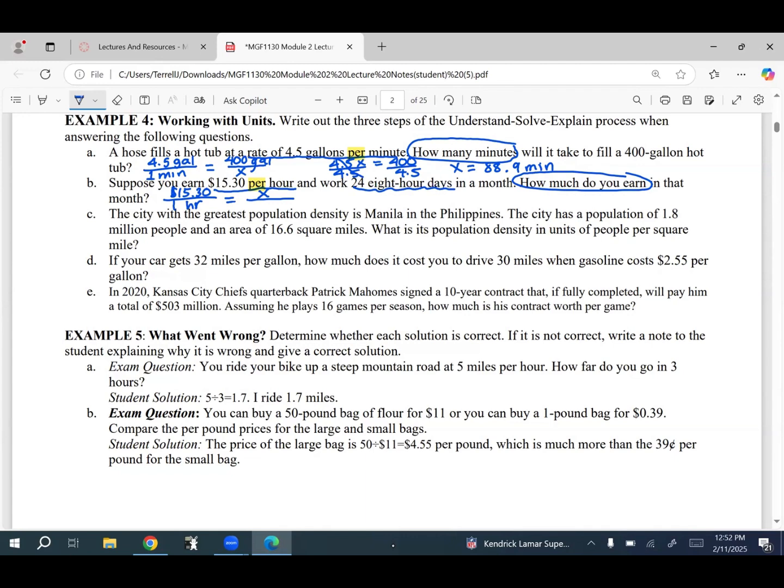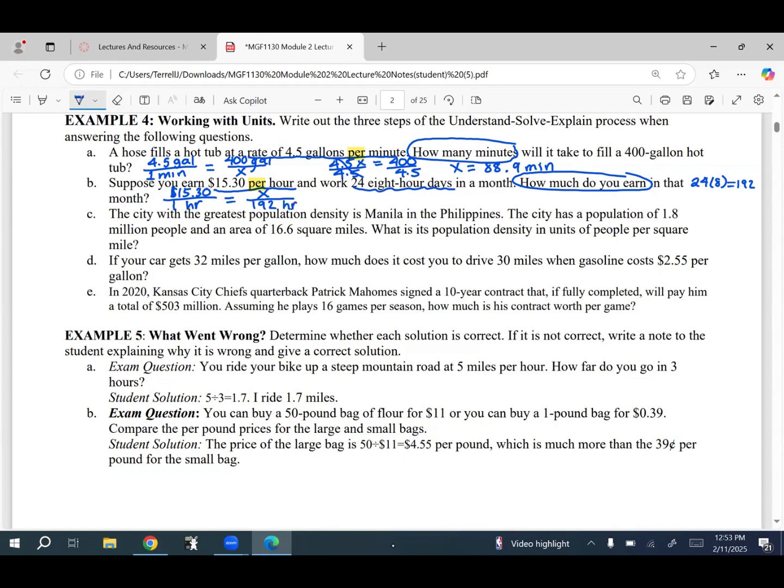How do I figure out how many hours that is? So that is 192. 24 days, 8-hour days, so 192. So that's the hours that go on the bottom, 192 hours.